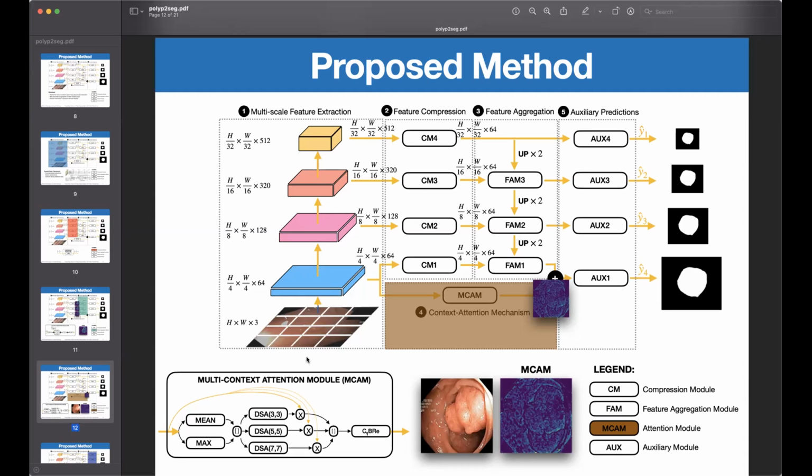So basically, this multi-context attention module has as input a set of feature maps, which are coming here from this arrow below, from this first stage. And then we apply some kernels in parallel, which are multiplied with the original features and combined together with this concatenation approach. So what's the effect?